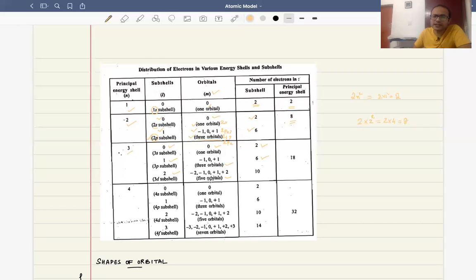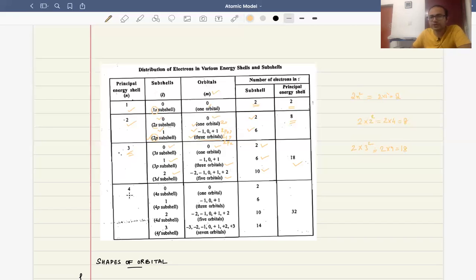Further, in the 3d subshell there are 5 orbitals, so 5 into 2, 10 electrons. So a total of 18 electrons are possible in this shell, and that is understood from 2 into 3 square, which is 2 into 9, and it is 18. So it is well explained by the principal quantum number.